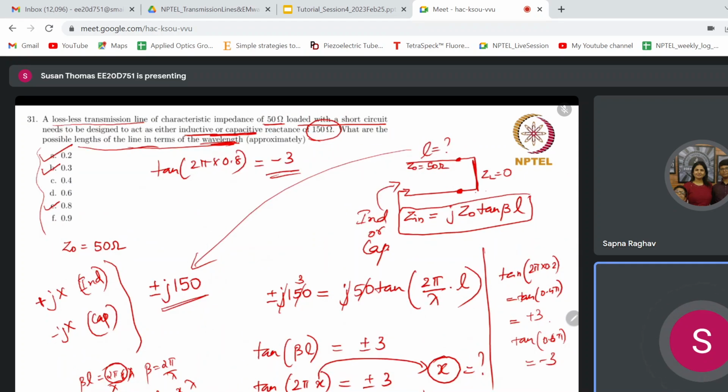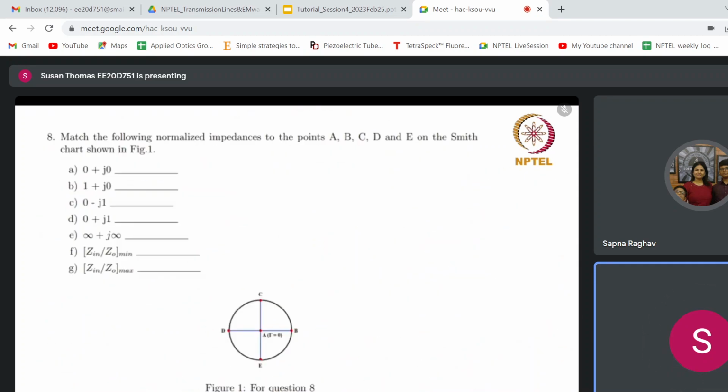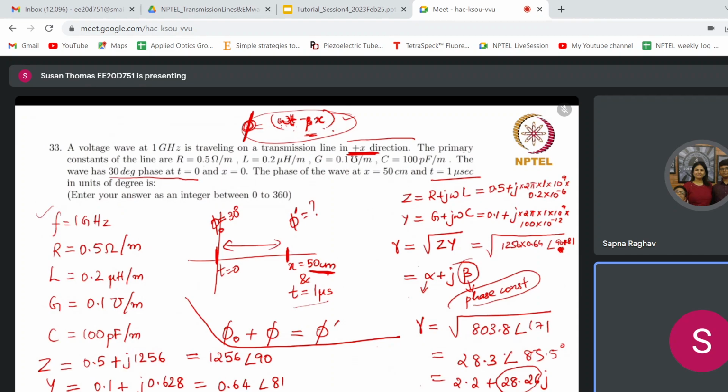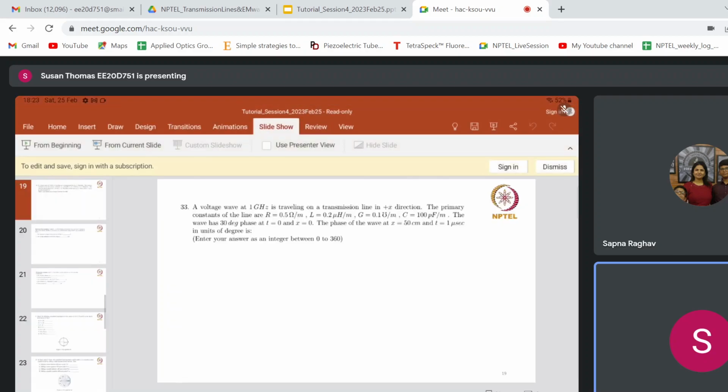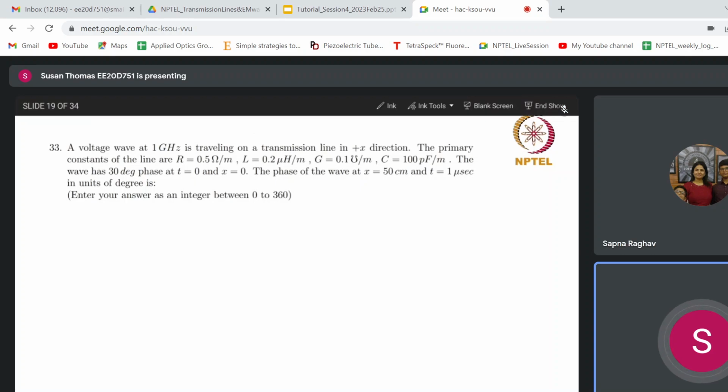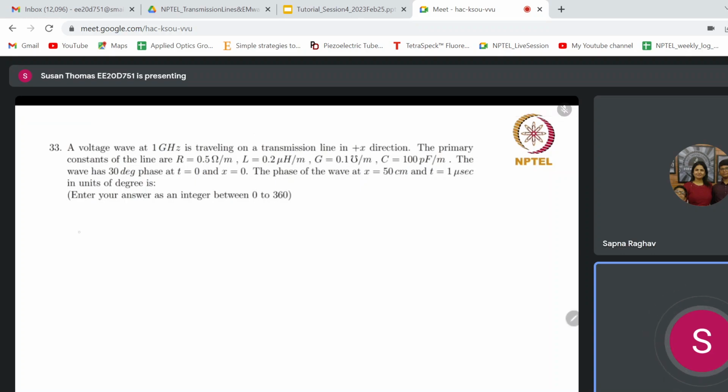So once we get the phase constant, beta is 28.26. What is phi? Omega t minus beta x.